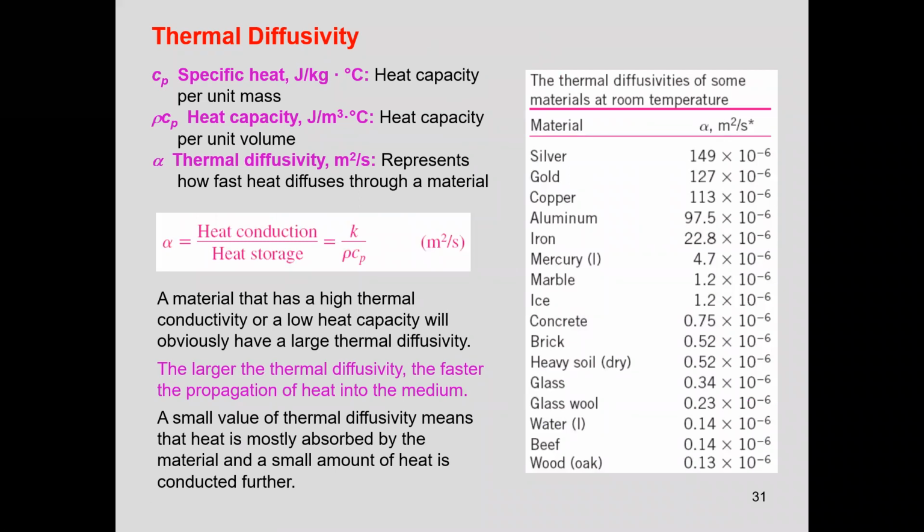Thermal diffusivity is another interesting topic that we need to discuss. So we know about specific heat capacity per unit mass, heat capacity, and thermal diffusivity represents how fast the heat diffuses through a material.